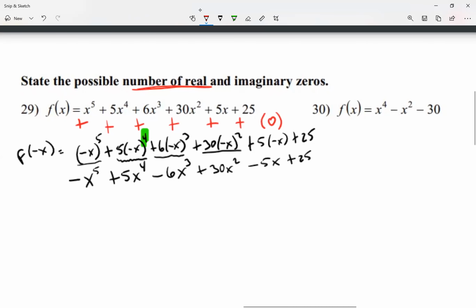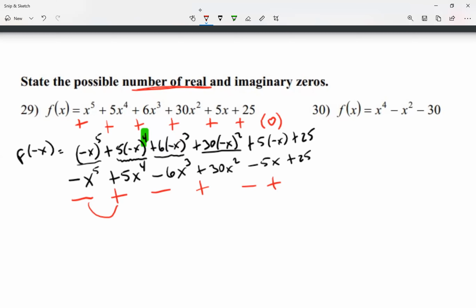Okay, so let me take a look at the signs only. Negative, positive, negative, positive, negative, positive. All right, there were a few changes, right? There was a change from a negative to a positive, from a positive to a negative, from a negative to a positive, from a positive to a negative, and a negative to a positive.